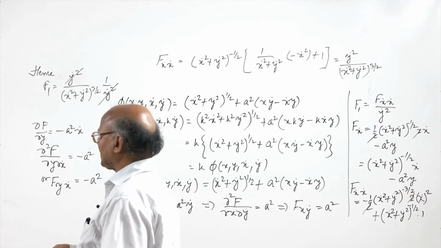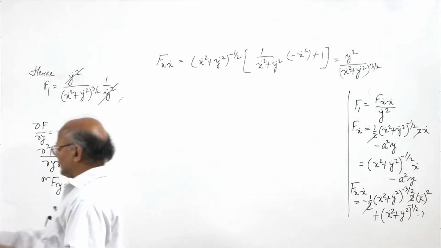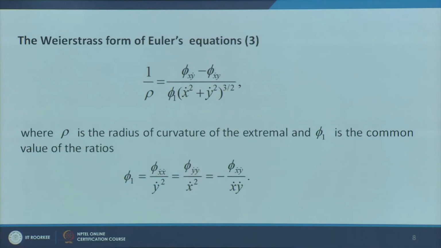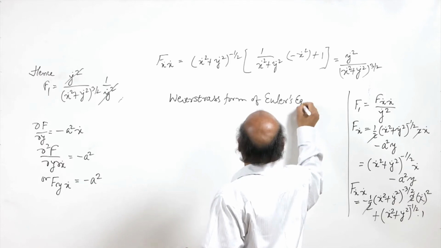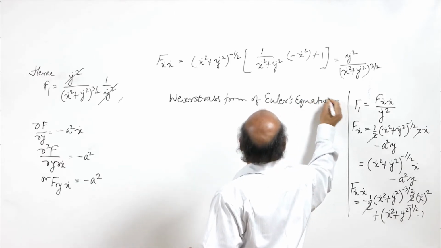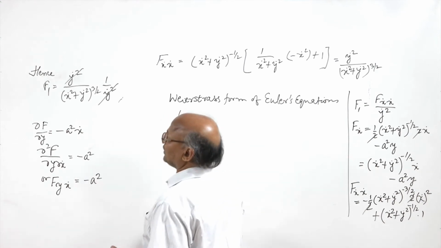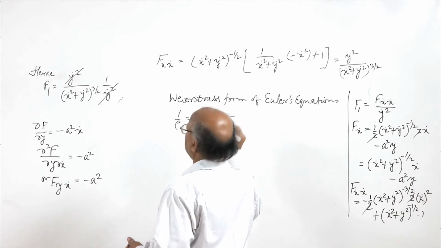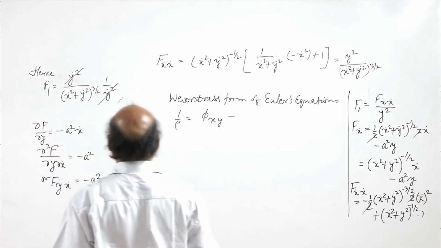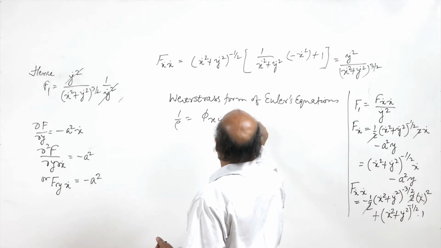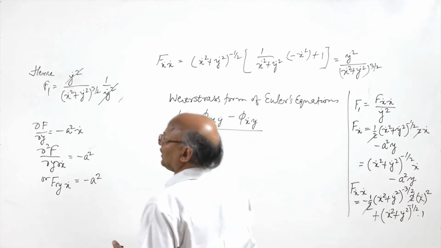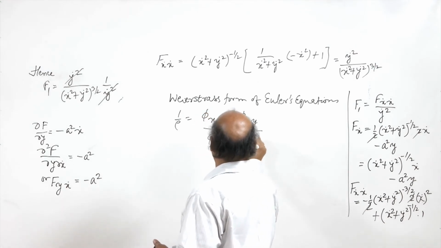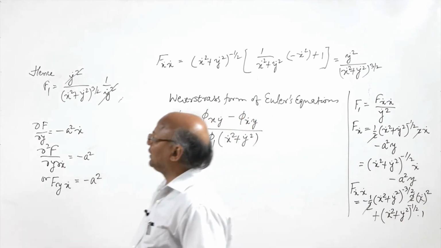Now let us use the Weierstrass form of Euler's equation. So we go to the Weierstrass form of Euler's equations. So 1 by rho is equal to phi x y dot minus phi x dot y divided by phi 1 (x dot square plus y dot square) to the power 3 by 2.